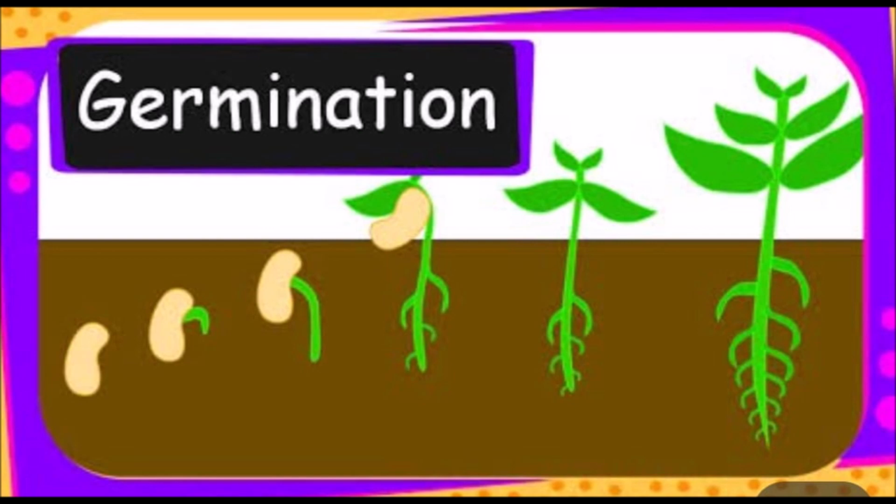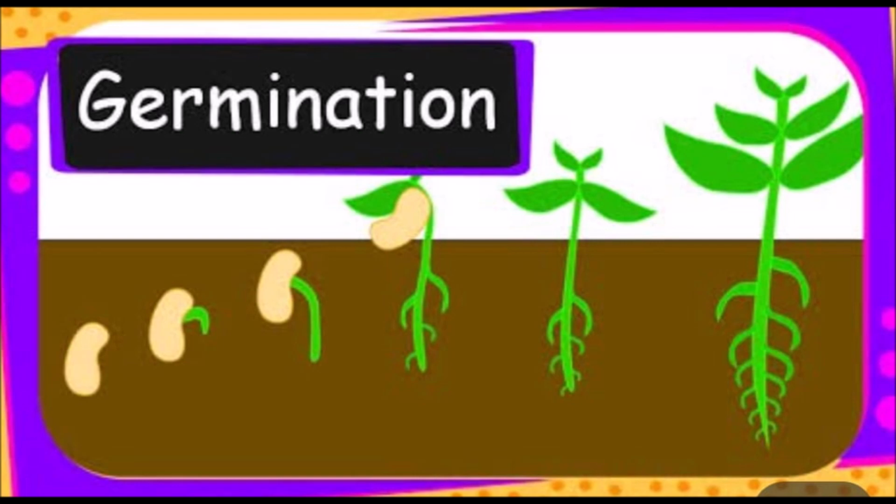Okay children? The activity for you is to write the classwork note that I have sent in PDF, and to collect the seeds of a plant which is available at your home.